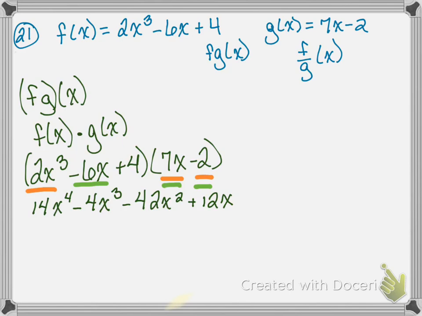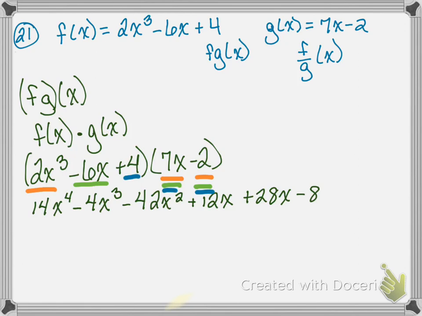Okay? The last thing I need to do is I need to multiply 4 times 7x and 4 times negative 2. So 4 times 7x is going to give me 28x. 4 times negative 2 is going to give me negative 8.